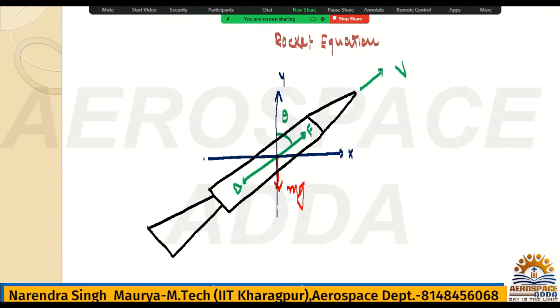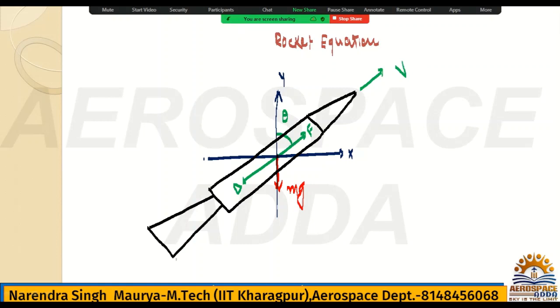Why am I saying instantaneous mass? Because the mass of the rocket is continuously decreasing. Why is it happening? Because we are burning fuel, we are burning propellant, so obviously total mass will be decreasing because propellant is continuously burning. Hope it is clear.